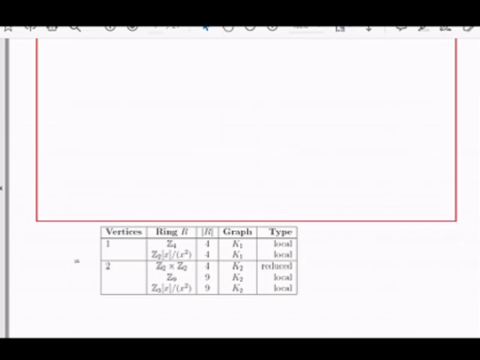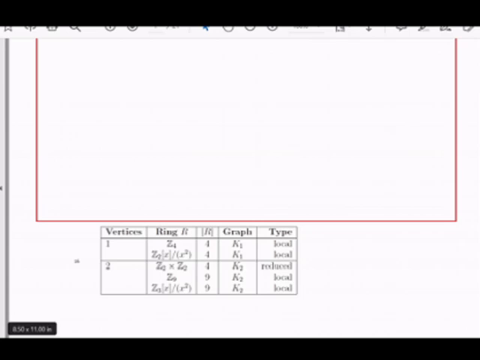There will be 4. You see the table, vertices, and then you have a ring. What is the ring? How many elements are in the ring? And what kind of graph you get? For one vertex, these are the rings that will give you a graph with one vertex.